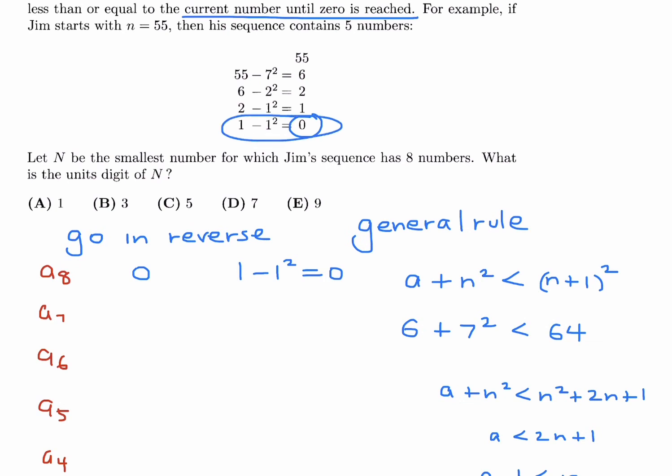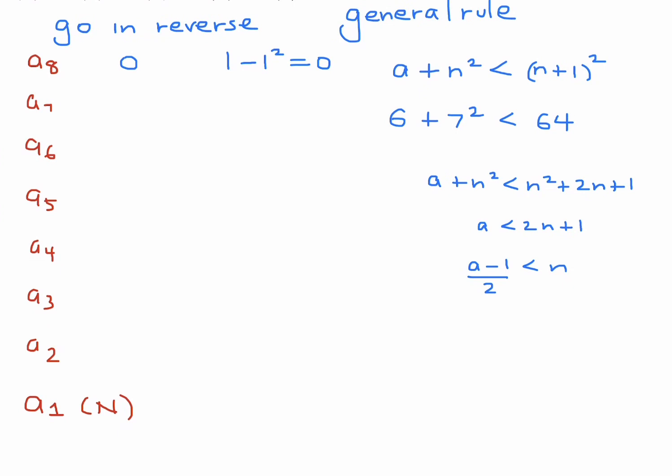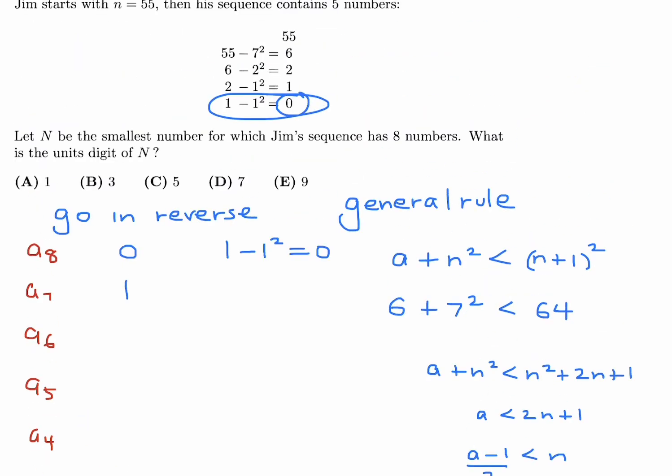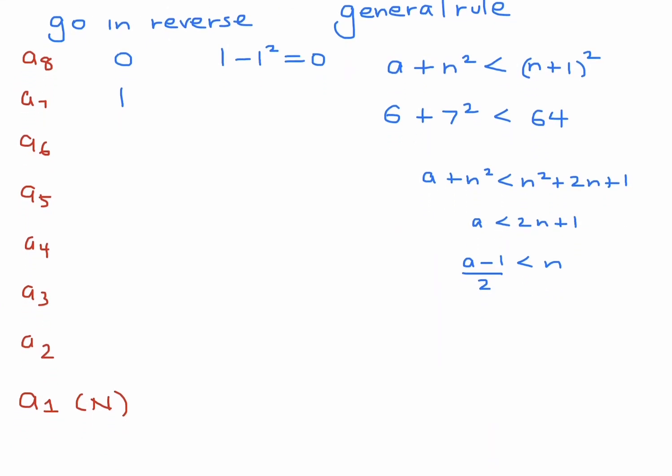They even give you that up here. So it kind of helps you out a little bit. Okay, no problem. How about A7? Well, A7 obviously was 1. Okay, and how do we get that? Well, we just did the same thing they did up here. 2 minus 1 squared. So the first few are pretty straightforward to get 1.